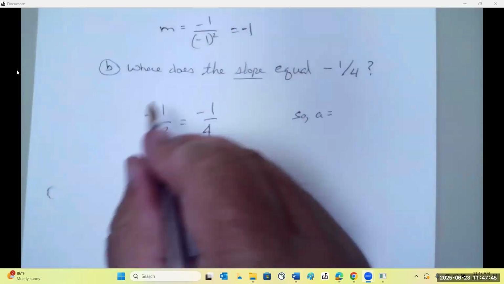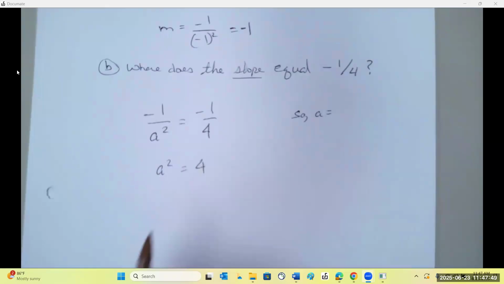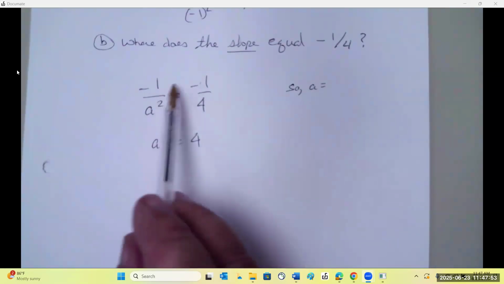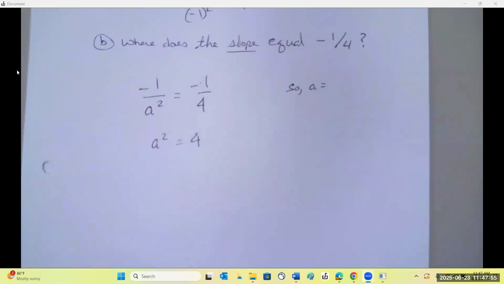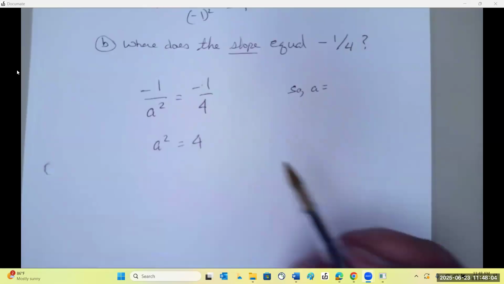We can reciprocate those. So we have a squared equals 4. Since they're both negative, I don't need negatives. They're both 1 on top. So the only way they could be equal is if the denominators are equal. How do I solve for that? What is it equal?